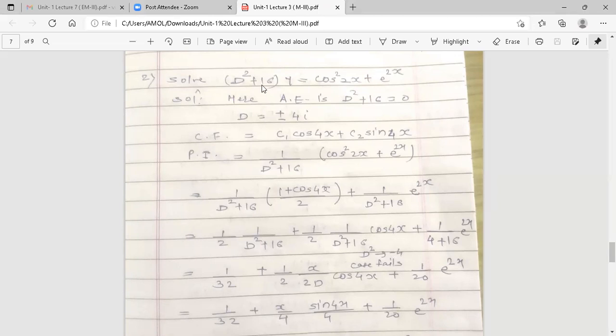So replace D square by minus 16 here. It is not minus 4, it is minus 16.